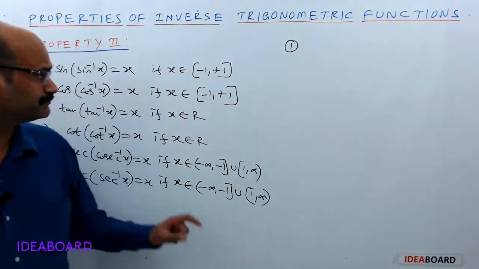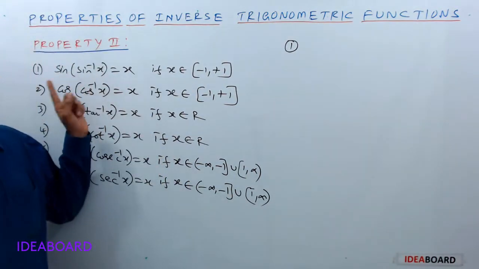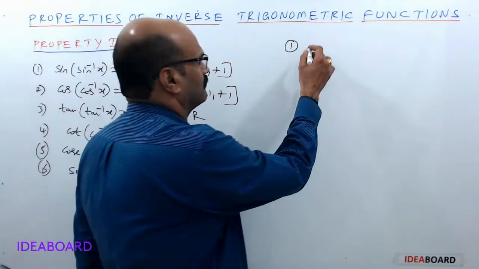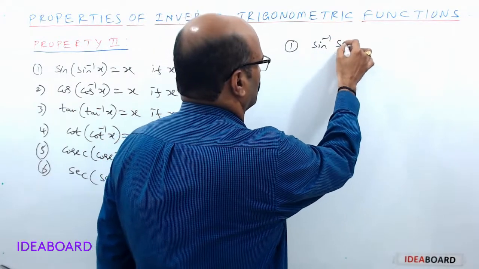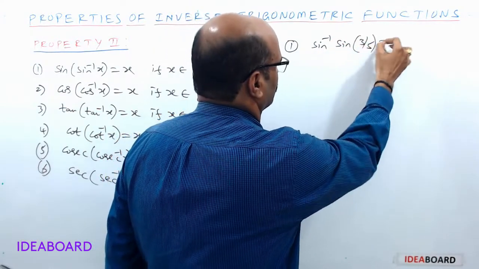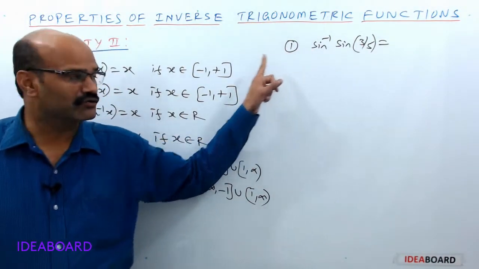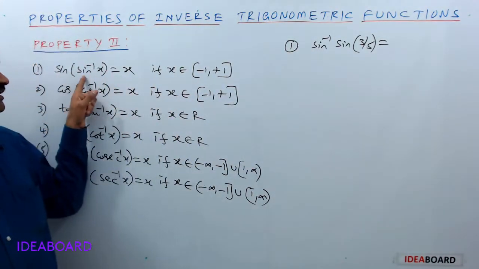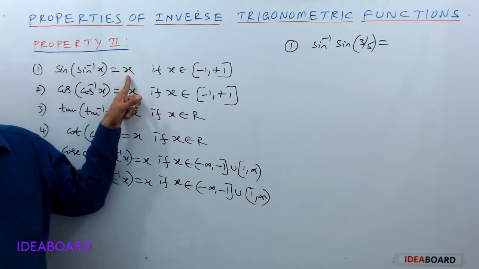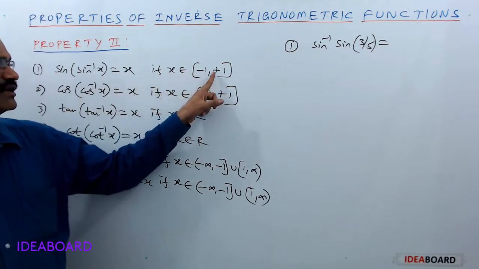One, sine of sin inverse of 3 by 5 equal to, now here according to the property, we have sine of sine inverse of x equal to x, x belongs to minus 1 to plus 1.